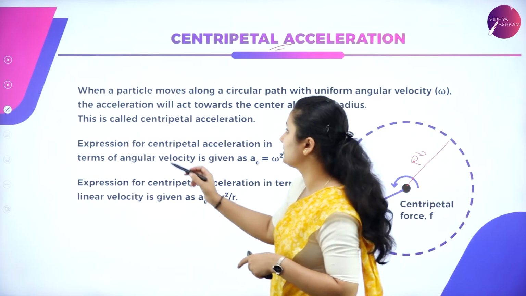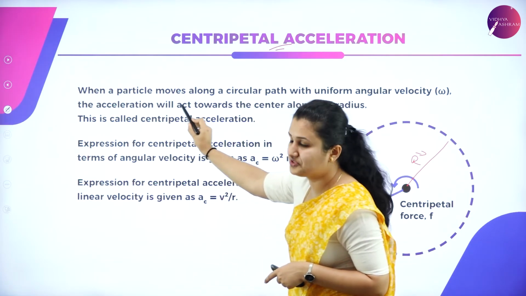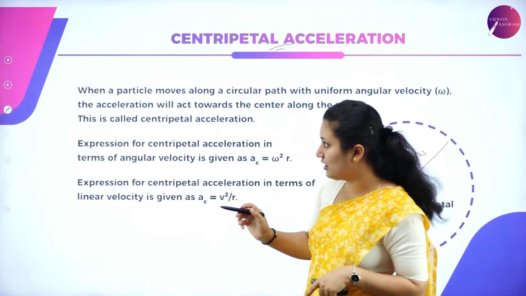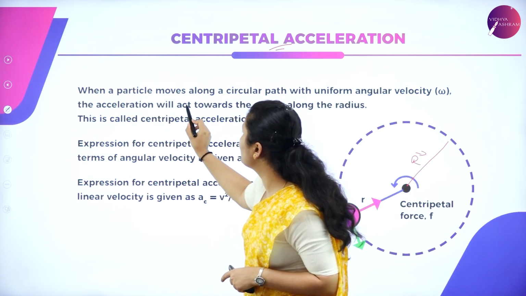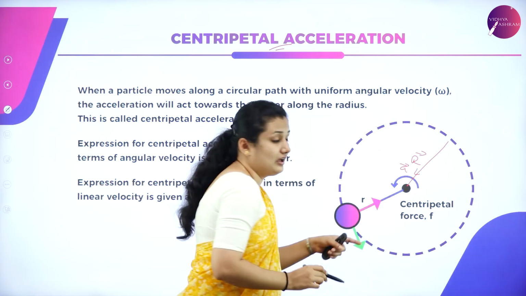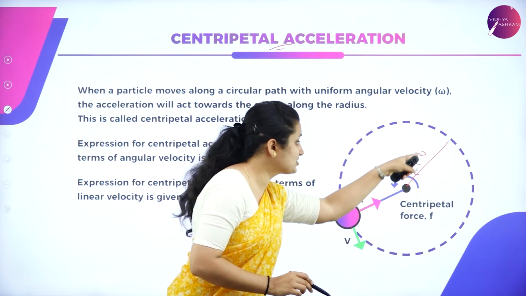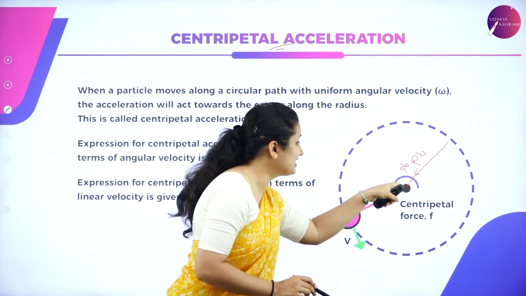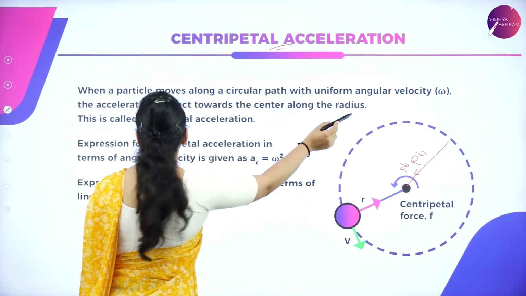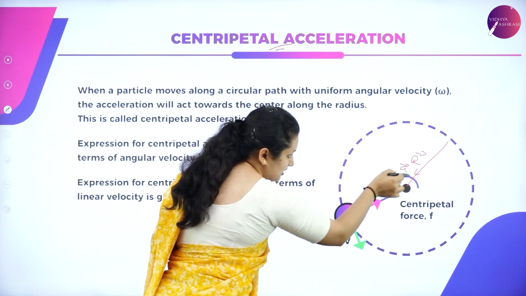We'll read the definition. When a particle moves along a circular path with uniform angular velocity, the acceleration will act towards the center. The acceleration experienced by the body along a straight line, along a radius vector, is acting towards the center along the radius vector.